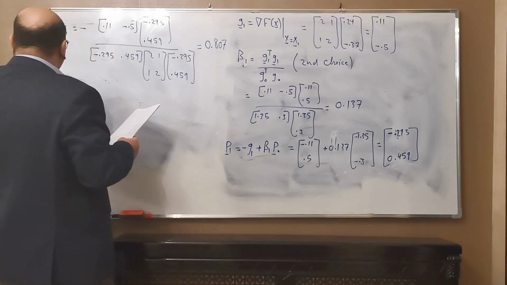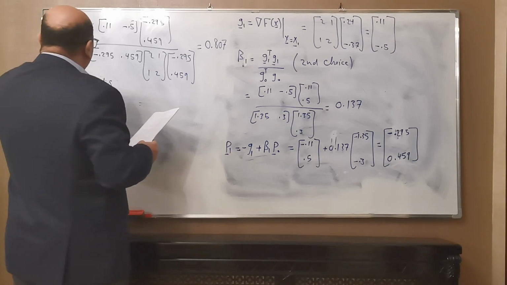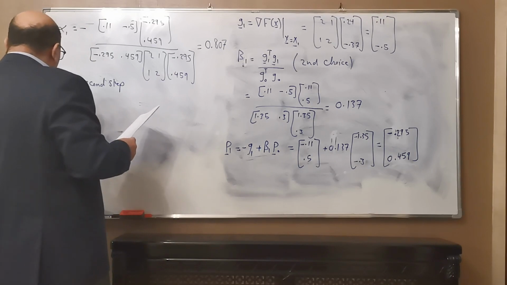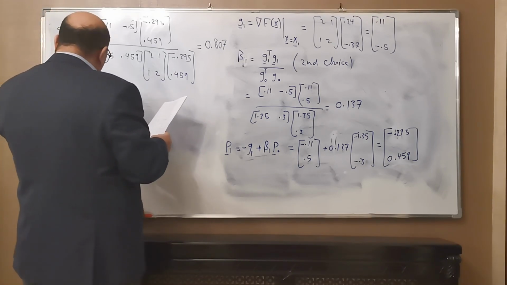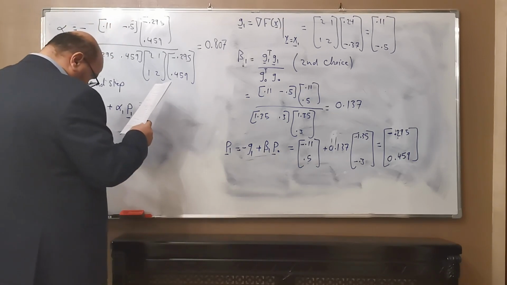So the second step will be x2 equals x1 plus alpha 1 p1.